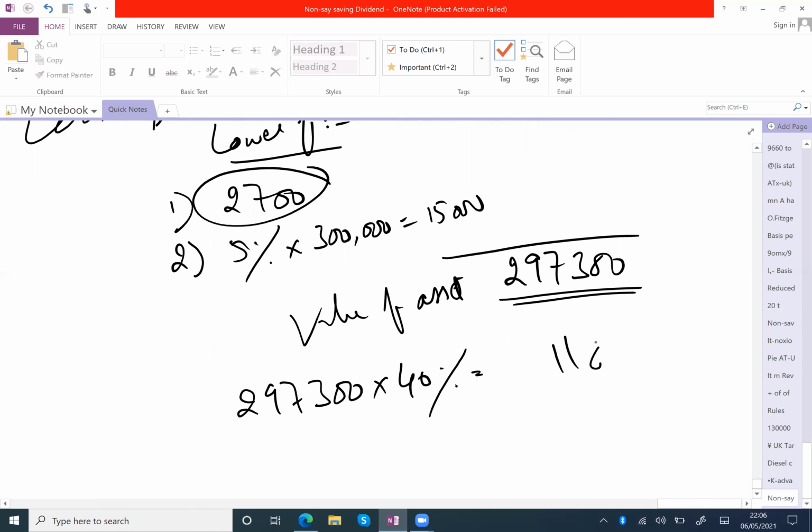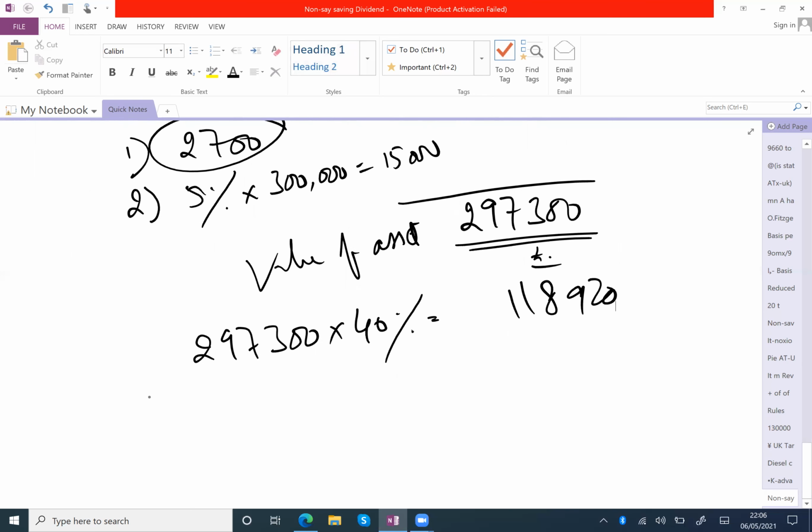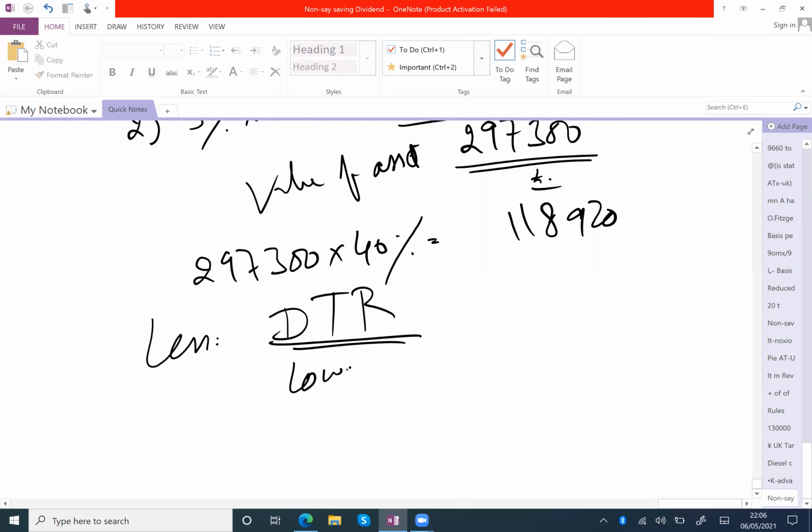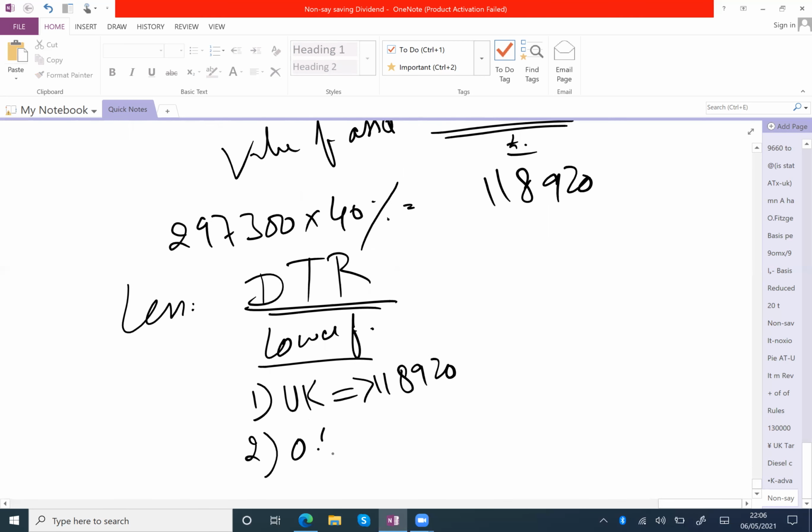So IHT is 118,920. This IHT is reduced by double taxation relief (DTR), available at the lower of number one, UK tax on that asset, where in the UK you paid 118,920 tax, and number two, overseas tax on that asset, where in overseas you paid 32,000 tax.